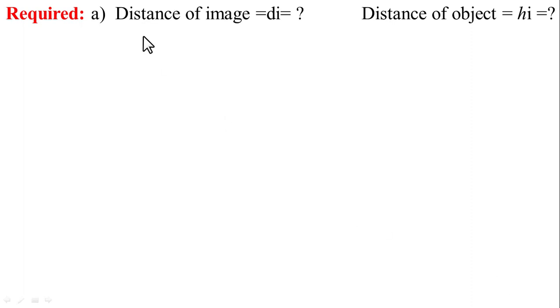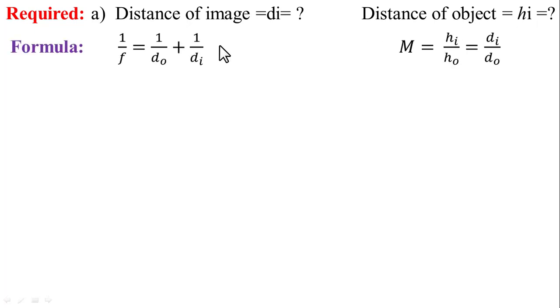So, first of all, we find the data in A part, distance of image di and height of image hi, using the formula 1 upon f is equal to 1 upon d naught plus 1 upon di. That is also magnification m is equal to hi over h naught is equal to di over d naught.